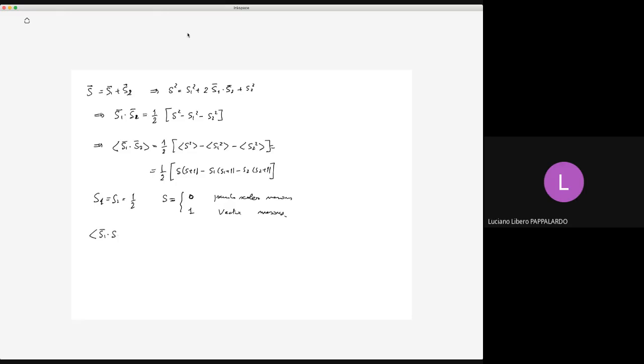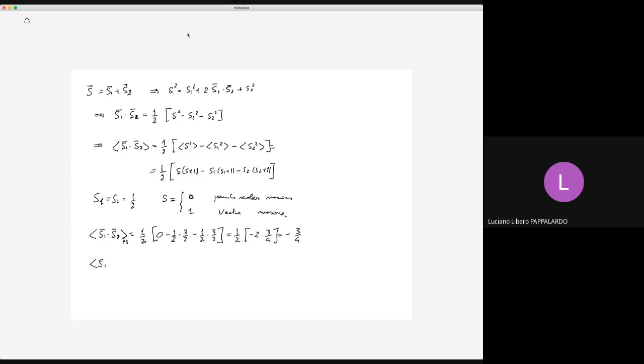So S1 scalar S2, let's just substitute the numbers. So 1/2, and this is for the pseudoscalar, yes. So this is 1/2 times [0 minus 1/2 times 3/2 minus 1/2 times 3/2]. That is 1/2 times [minus 2 times 3/4]. That is minus 3/4.